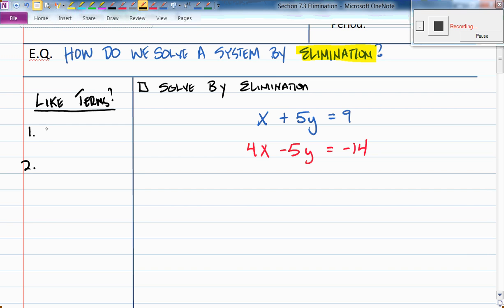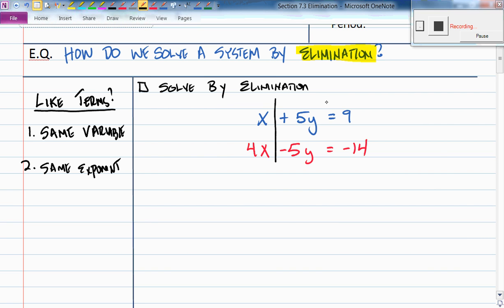The first one is they have to have the same, what was it, Ross? Variable. You got it, man. They have to have the same variable and they have to have the same exponent. They have to have both. So, let me ask you a question. Do you see any like terms anywhere over here?